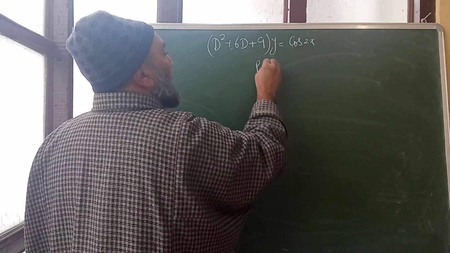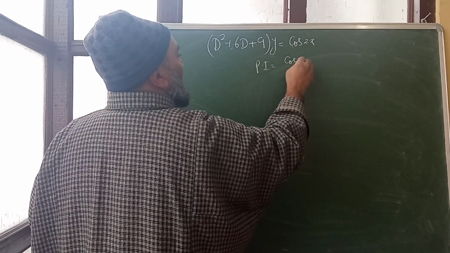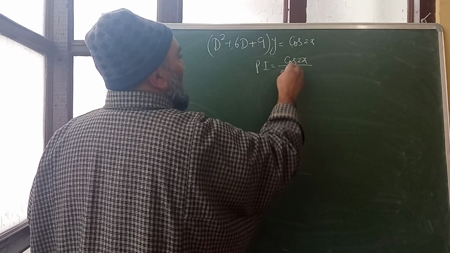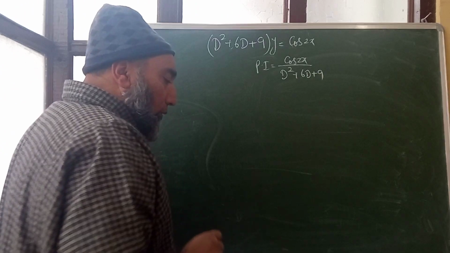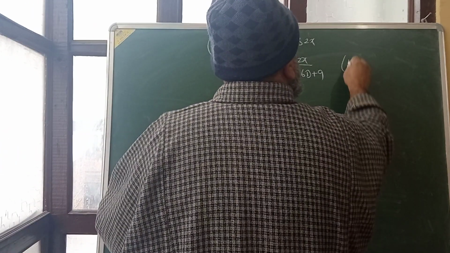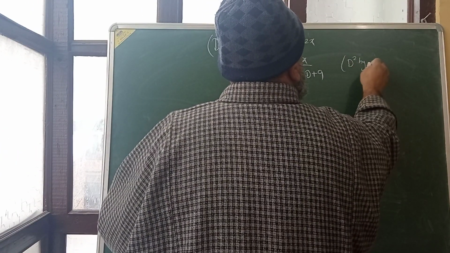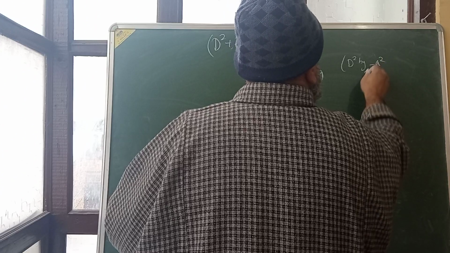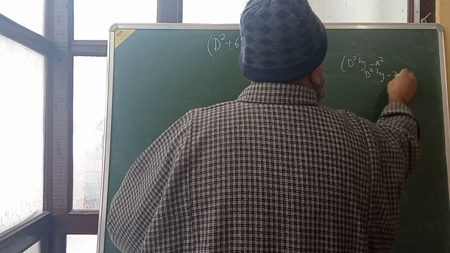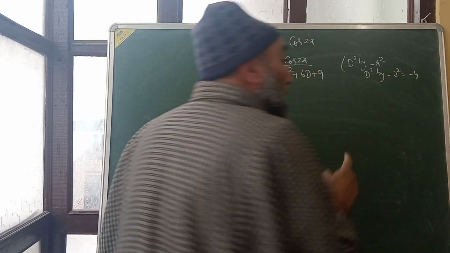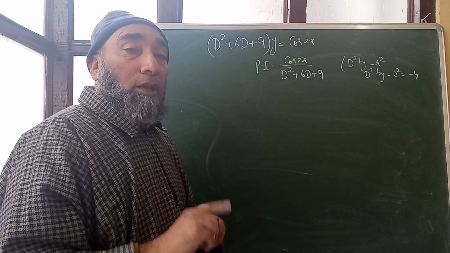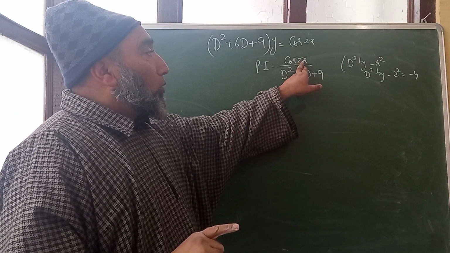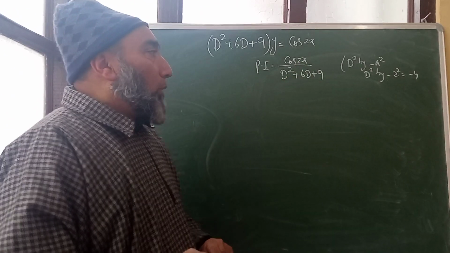So particular integral is cos 2x upon D square plus 6D plus 9. What is the rule? You have to replace D square by minus a square, means minus 2 square, it is minus 4. It is not minus 2 whole square, it is minus a square. So a is 2 over here, so minus 2 square is minus 4.